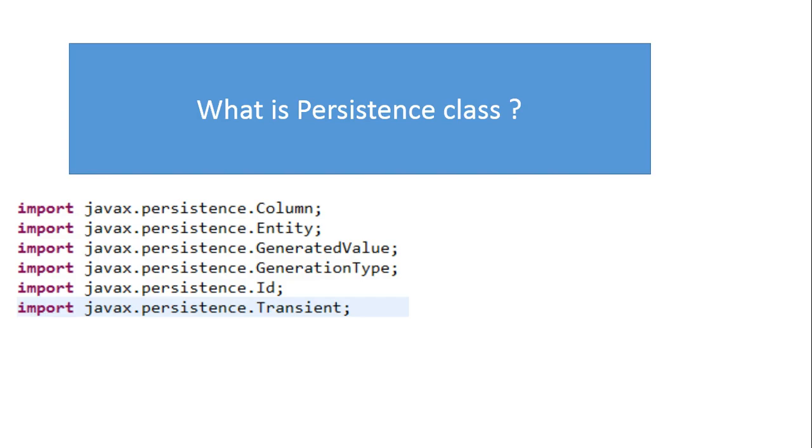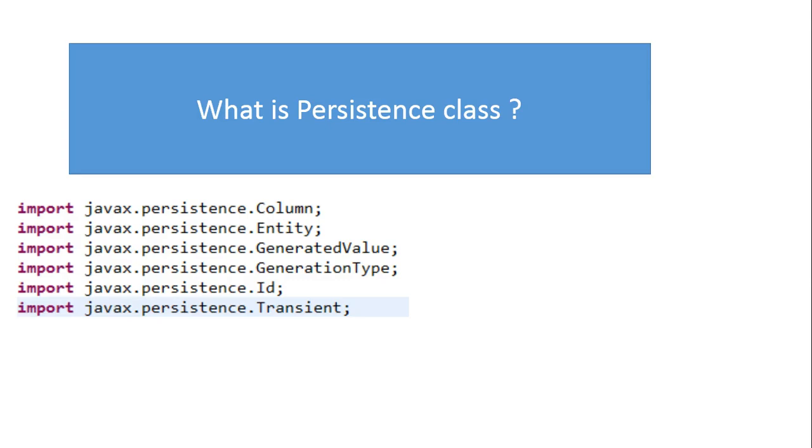If you want to create a column in the table, you have to import javax.persistence.Column. And if you want the entity, the name of the table, then you have to use the Entity class. And Generated Value, Generation Type, Id, and Transient, these are all the classes used for annotations.